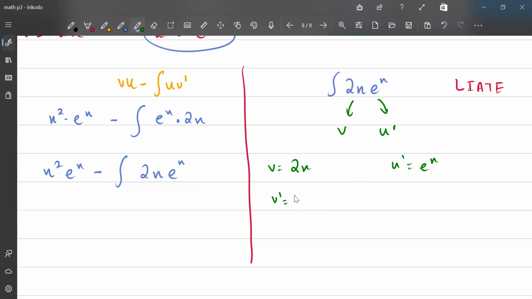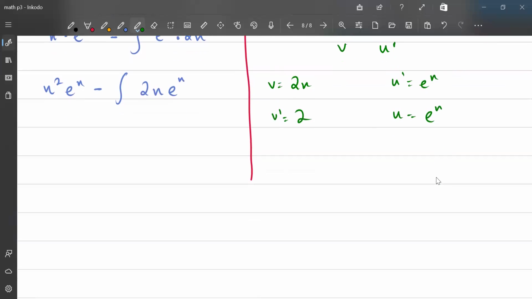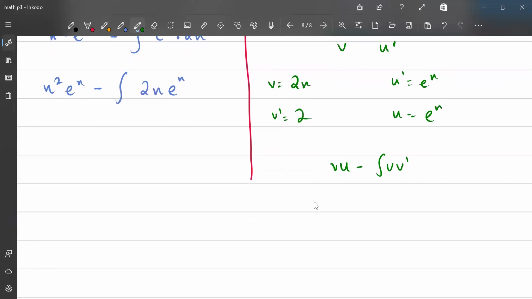So v dash would be 2 and u will remain as it is, which is e to the power x. Now apply vu minus integral of uv dash here.